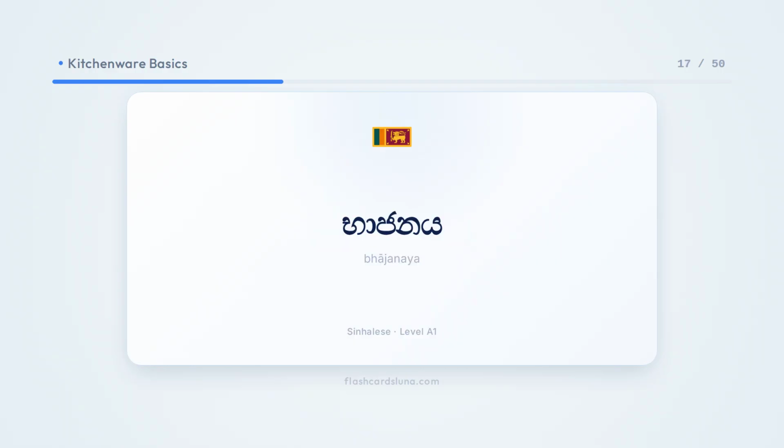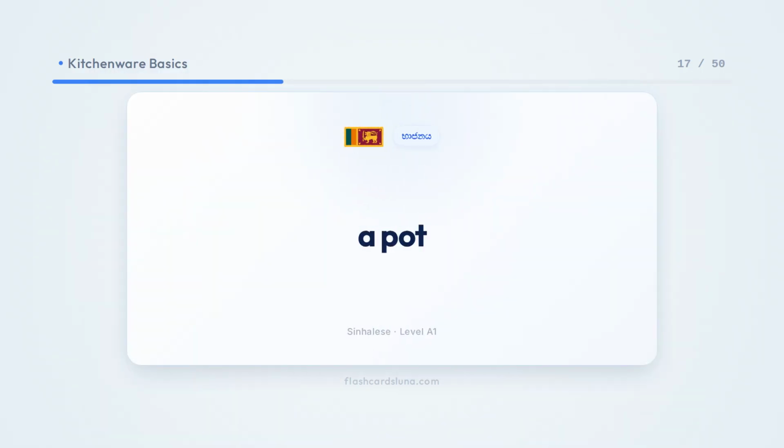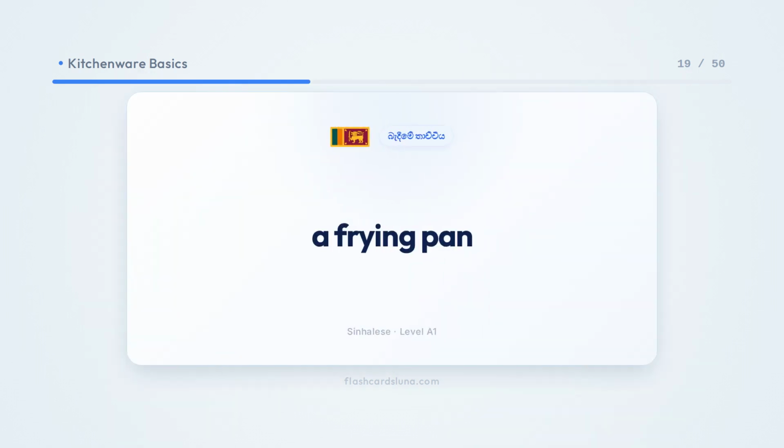Bajane, a pot. Tochia, a pan. Bidun tochia, a frying pan.